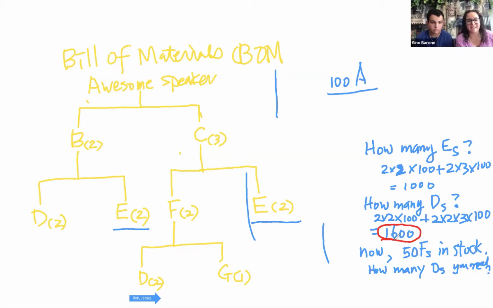Just so I'm understanding this, you would do the 3 times the 2 in the F times the 100 to get 500 Fs. I mean 600 Fs, right? 600 Fs. Oh yeah. Okay. Thank you.